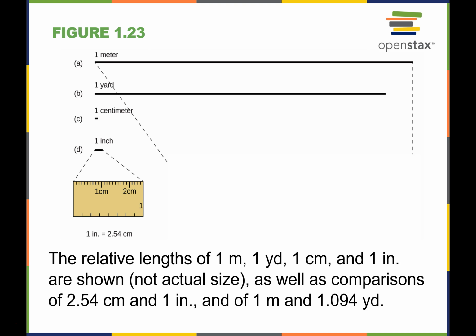Between English inches and metric centimeters, you're going to see what's called an equivalency statement. 1 inch is equal to 2.54 centimeters. That is something you're going to need to commit to memory. So I'll remind you of that coming up. That's an exact relationship. It's what we say by definition.